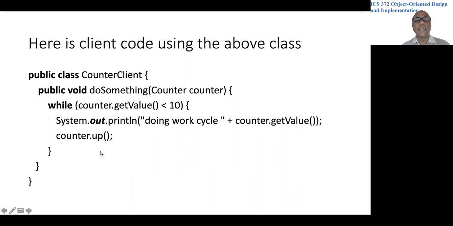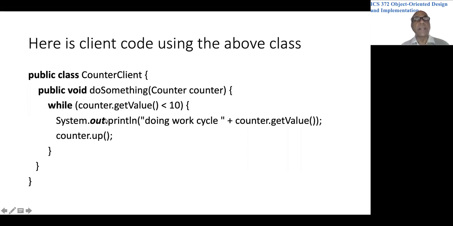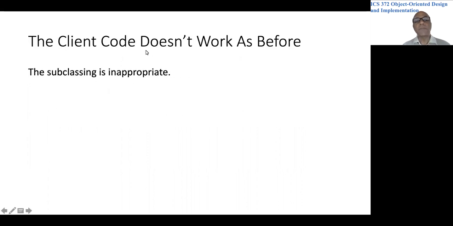So this will not execute like before, which did it 10 times, this would do half that. So the client behavior is affected because we are getting a parameter that doesn't quite fit the expectations. So this subclassing, we can say, is inappropriate because the client behavior with the subclass object doesn't match the expected behavior.